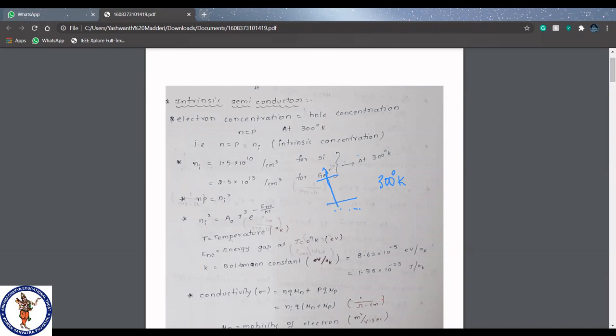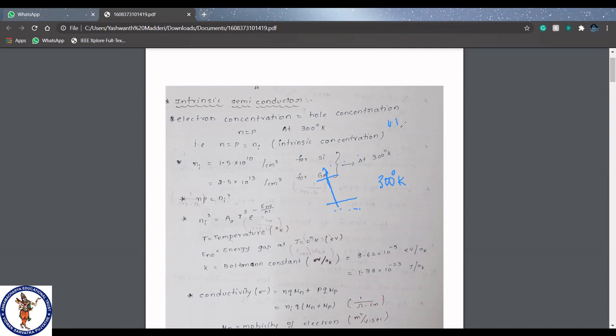Because the electron count is very small, the current is very small, maybe in terms of milliamperes, 1 milliampere, sometimes even 0.1 milliamperes in practice. And 0.1 milliamperes is not enough for any electronic device to operate. This much current is not sufficient to make an electronic device work.